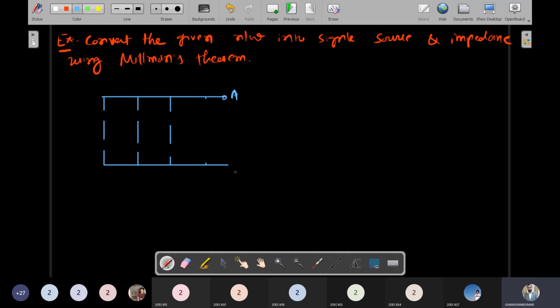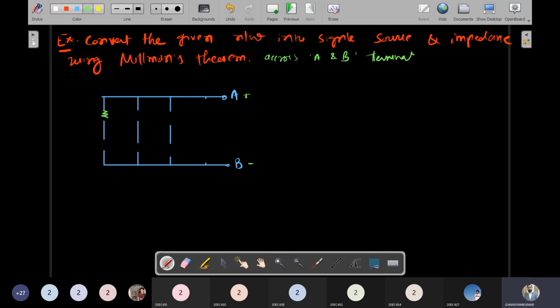This is the A terminal and this is the B terminal. So using Millman's theorem across the A and B terminals. Okay, this is the positive terminal, this is the negative terminal. Now I'm drawing those elements.